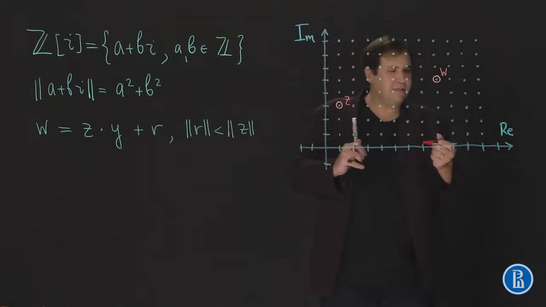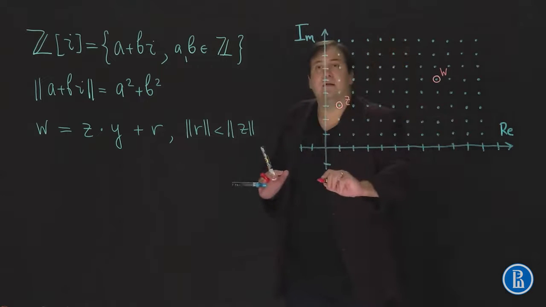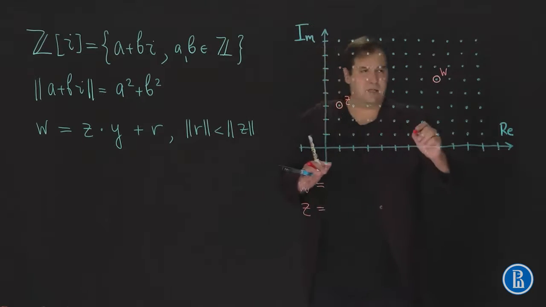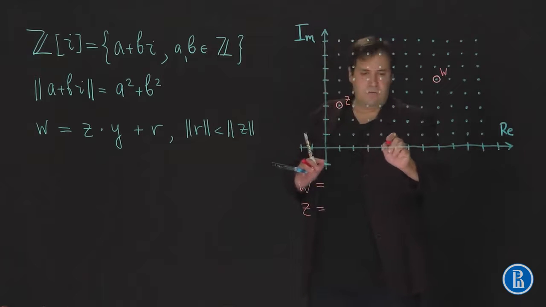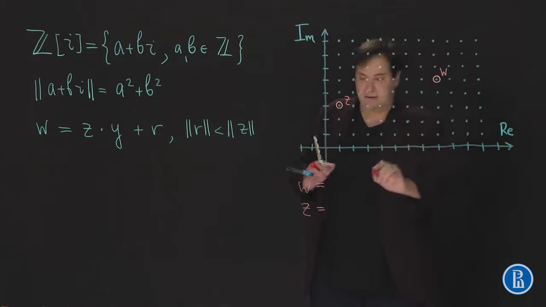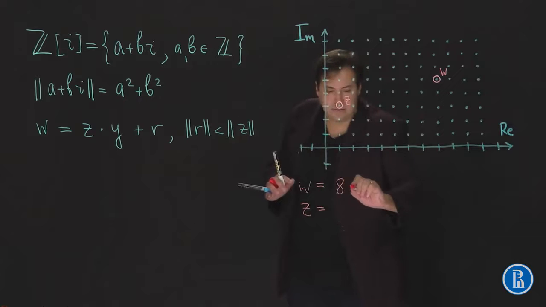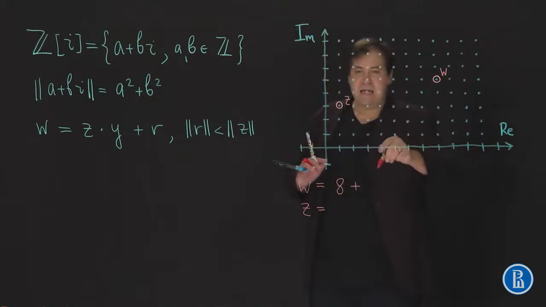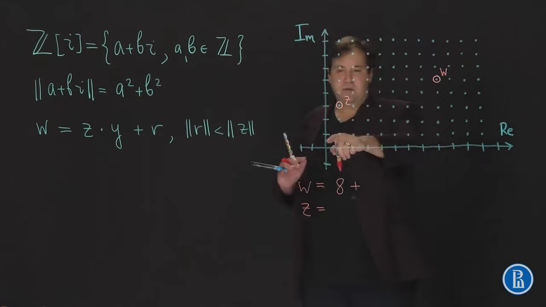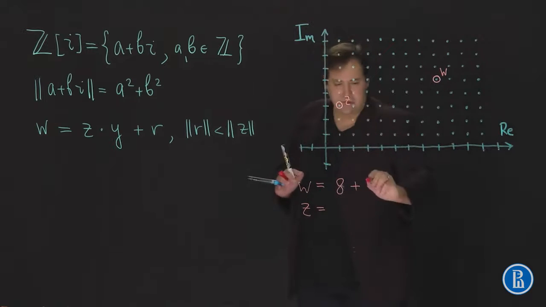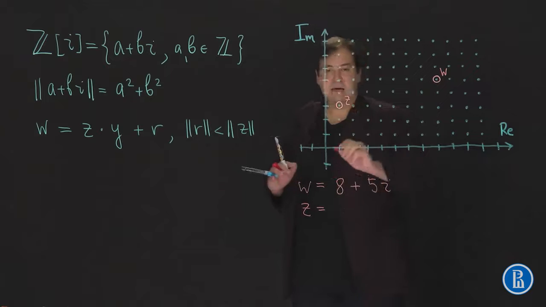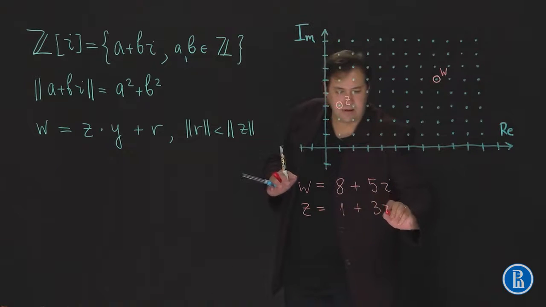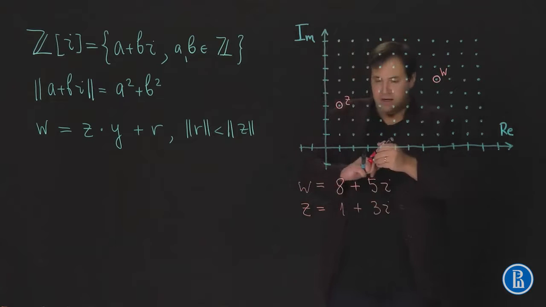Let's write down w and z. w is equal to 8 plus 5i, so its real part is equal to 8 and its imaginary part is equal to 5. And z is equal to 1 plus 3i, where i is the imaginary unit.